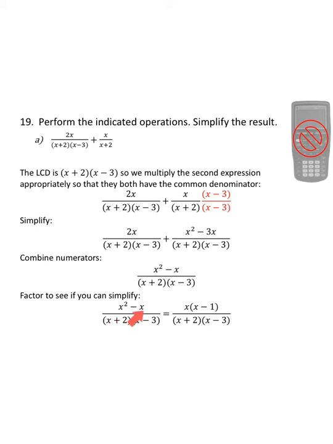X squared minus x is the same as x times x minus 1. Notice no factor, x or x minus 1, from the numerator is also present in the denominator, and so this is a fantastic answer. I would accept this one as well, but many instructors would like to see the factored form just to show that, hey, I checked, nothing cancels, I didn't accidentally get it right, stopping early.